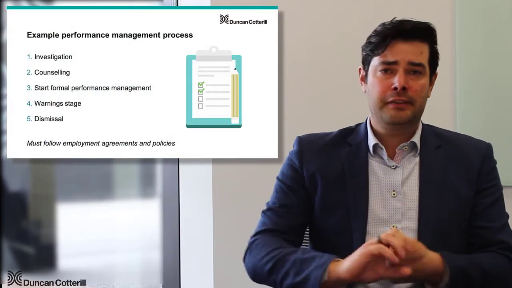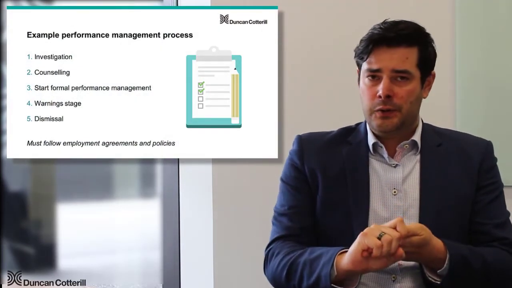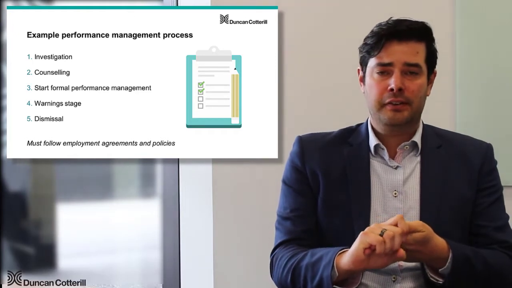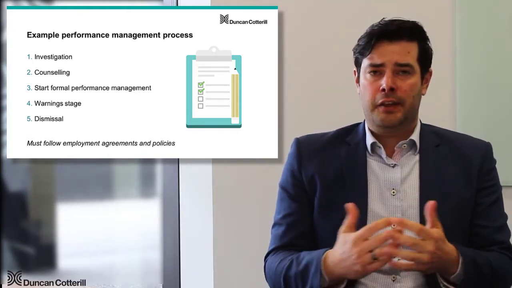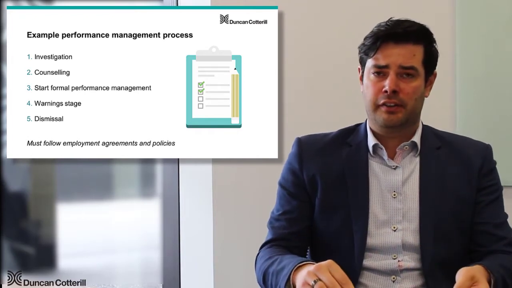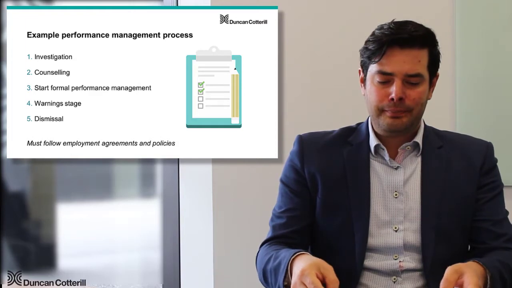But we've summarised this into a 5-step process of investigating the concerns, counselling the employee, getting into a formal performance management process, going through a warning stage, and then ultimately, if things haven't improved, considering dismissal. And I'll talk through all those briefly now.